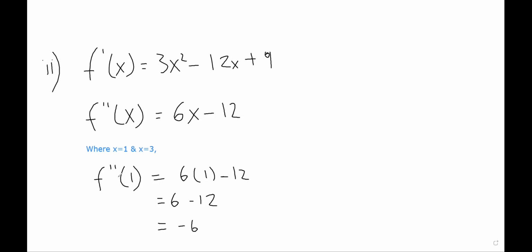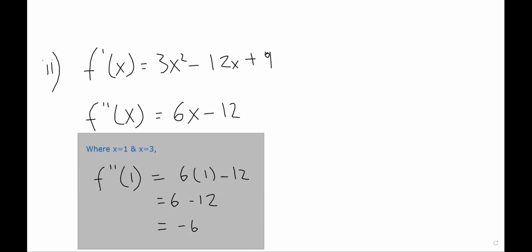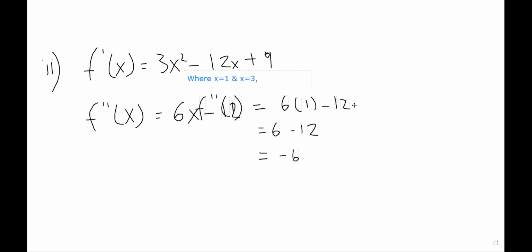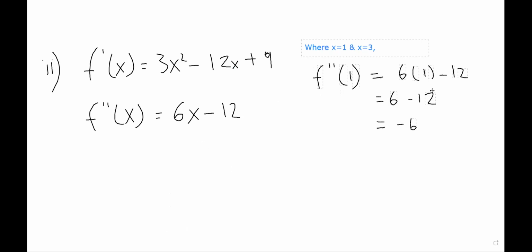So then we ask ourselves, is this greater than or is this less than 0? We realize that negative 6 is less than 0, right?